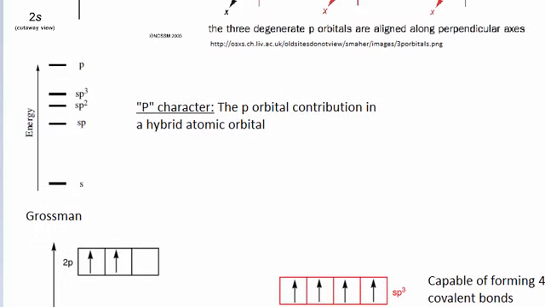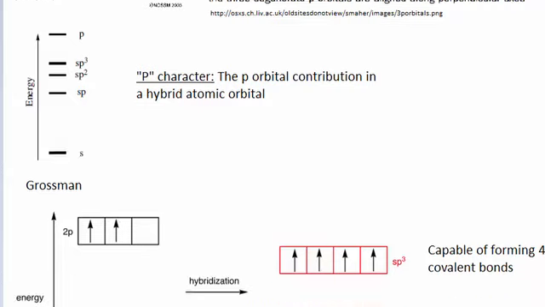So it pretty much looks like this chart where you see the sp3 having an energy between the s and the p. Okay, and what is some evidence that we actually see this hybridization occurring?